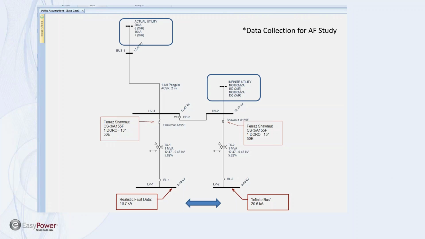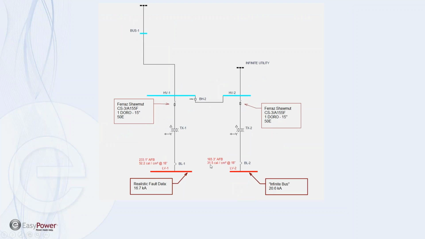Now, as we then calculate incident energy, and again, this is described in the handout, I see that my incident energy for the realistic fault current is 52 calories. The infinite bus ends up at less than 32 calories. So the more conservative result is actually the lower current.